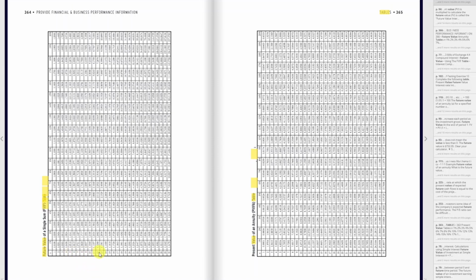You will see that if the number of periods is 12 and the rate is 1% per period, then your single sum future value interest factor will be 1.1268. Sorry, it's really hard to see. You have to tilt your head. I'm not exactly sure how I can make it easier for you to see, but 1.1268.